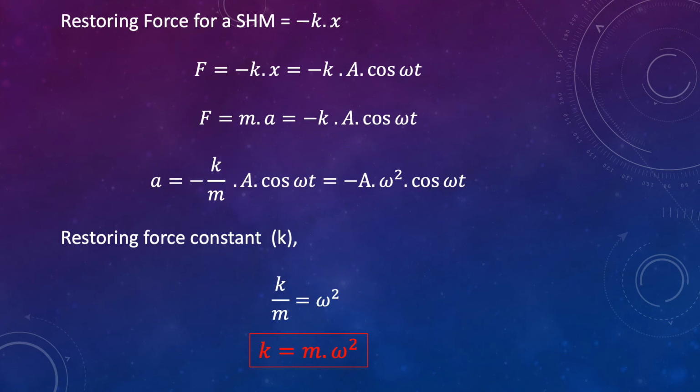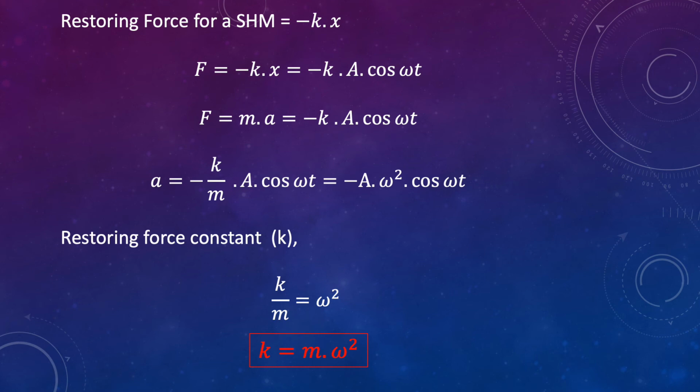Now let's go back and recall the restoring force of a simple harmonic motion. The restoring force is equal to negative k times the displacement. This k is also called the restoring force constant. Since the displacement is equal to A cos omega t, we can write the restoring force F as negative k times A cos omega t.